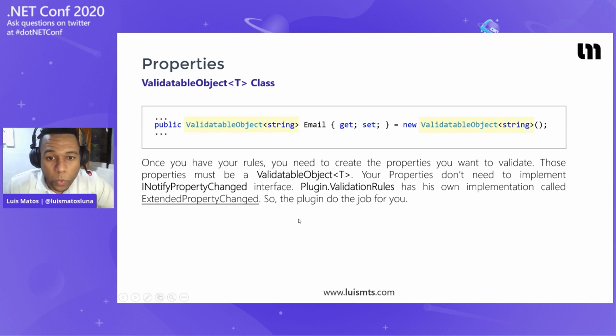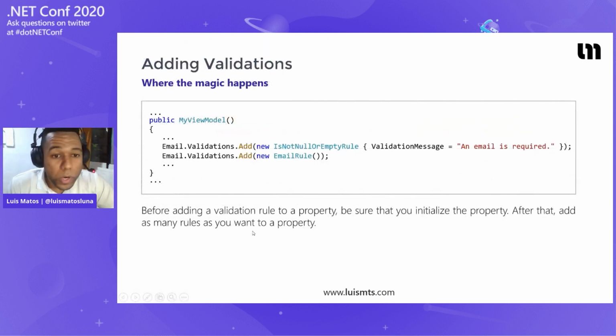So once we have all our properties, the next step is to add all our validations. Here we have some rules that we are adding to the same property. For example, we need to validate this email property.